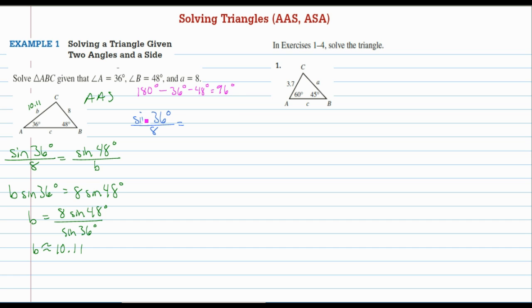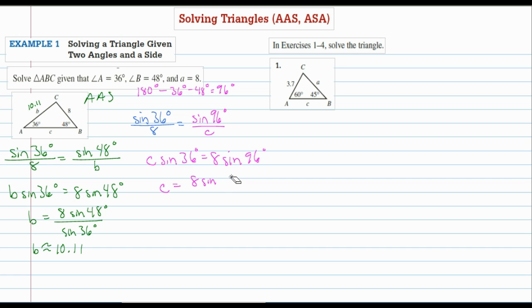So now, since the sine of A divided by side A is proportional to any other sine of the angle and its opposite side, I can take the sine of 96 degrees, divide by side C, cross multiply, and in my calculator, I get that side C is about 13.54 units. So now I have successfully solved that triangle.